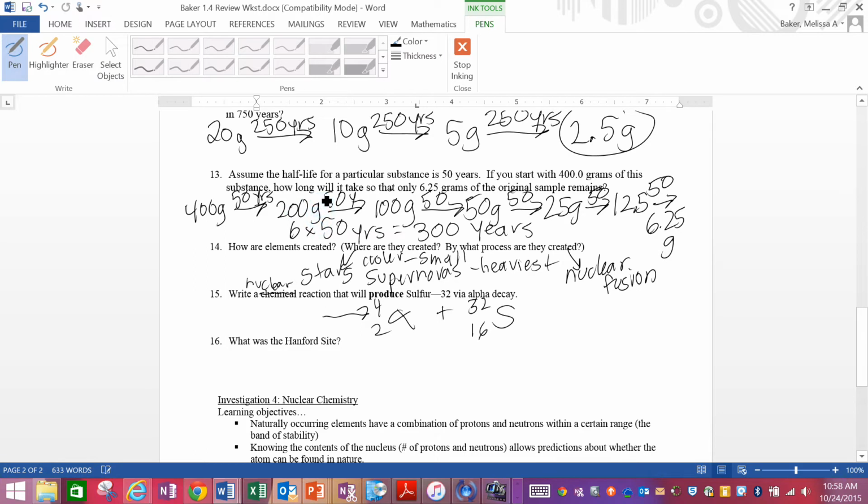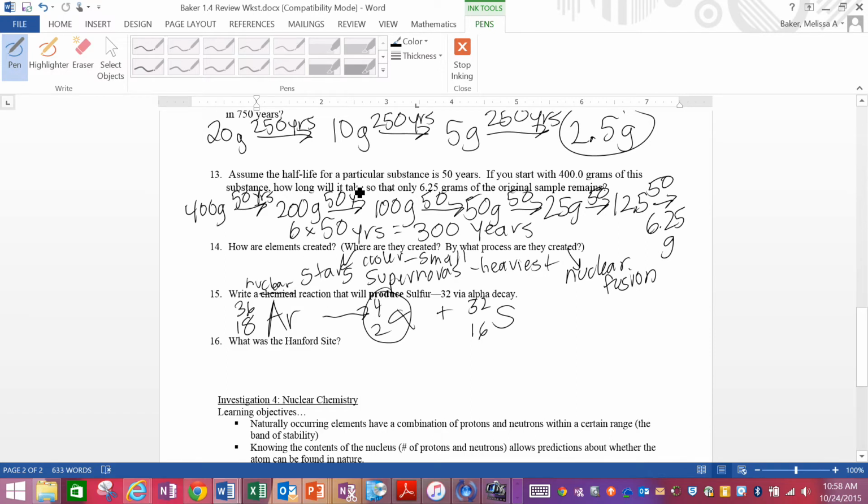So what must the original nucleus have been? This is thinking backwards. Well, it must have weighed 36. I just added 32 plus 4. And 16 plus 2, it must have been element number 18, which is argon. So just to check yourself, if argon loses this alpha particle, it becomes sulfur-32, which is what this question is asking.